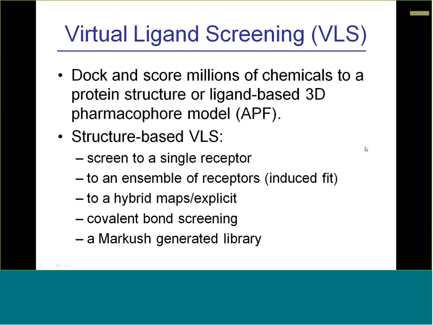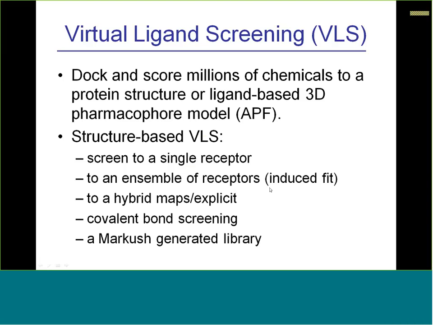But in this webinar, we will just concentrate on structure-based virtual ligand screening. You can screen to a single receptor, or if you have multiple crystal structures or multiple decent models, you can screen to an ensemble of those to incorporate induced fit or flexibility in the receptor.